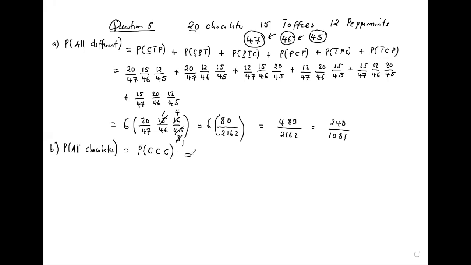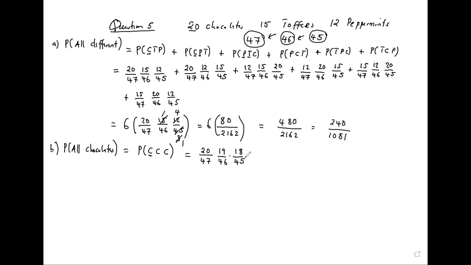There are no options, you just need chocolate. So when you pick a chocolate first, you find that you have 20 chocolates in the box out of 47 sweets. You go back, you find you have 19 chocolates out of 46. You go back, you find there are 18 chocolates out of 45.